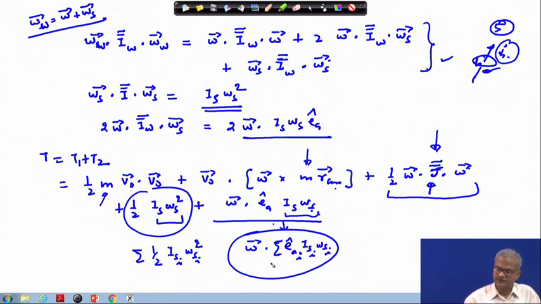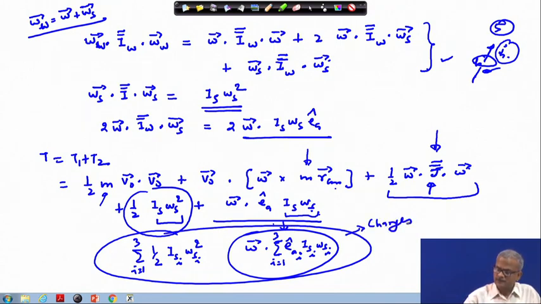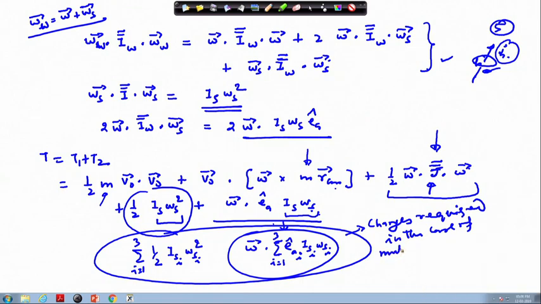So you have to sum over i equal to 1 to 3 for the 3 wheels. These are the changes required in the case of multiple wheels.